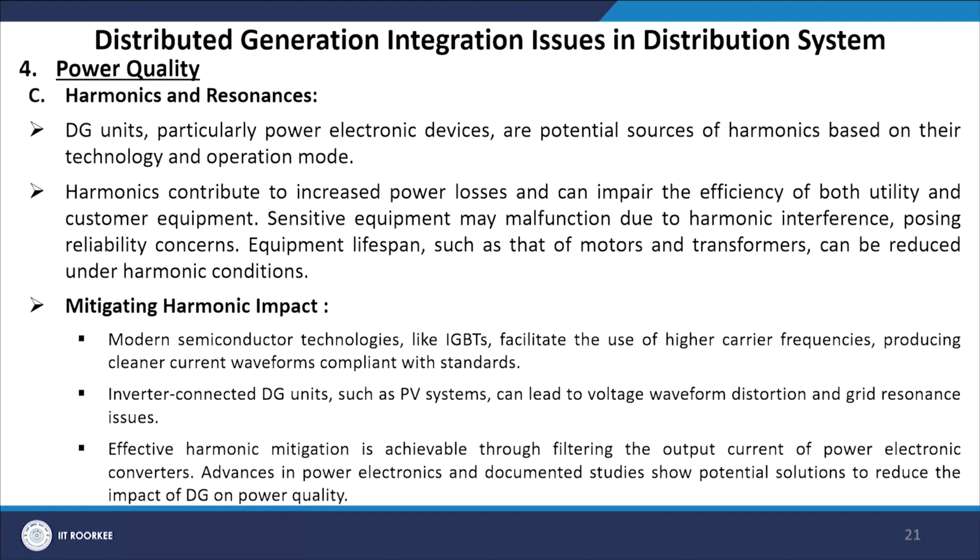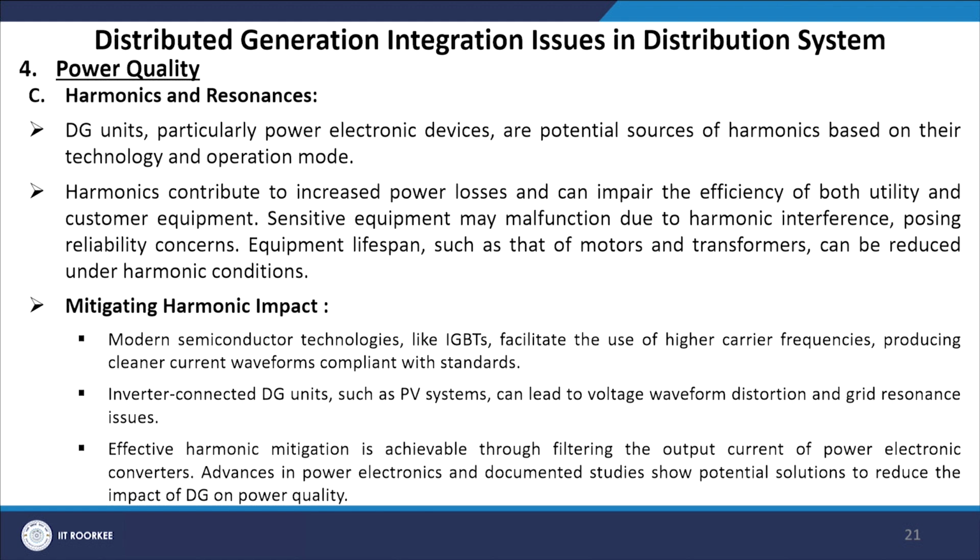Sensitive equipment may malfunction due to harmonic interference, posing reliability concerns and affecting equipment lifespan, such as that of motors and transformers. Mitigation of harmonic impact can be achieved through modern semiconductor technologies like IGBTs, which facilitate the use of higher carrier frequencies, producing cleaner current waveforms compliant with standards.